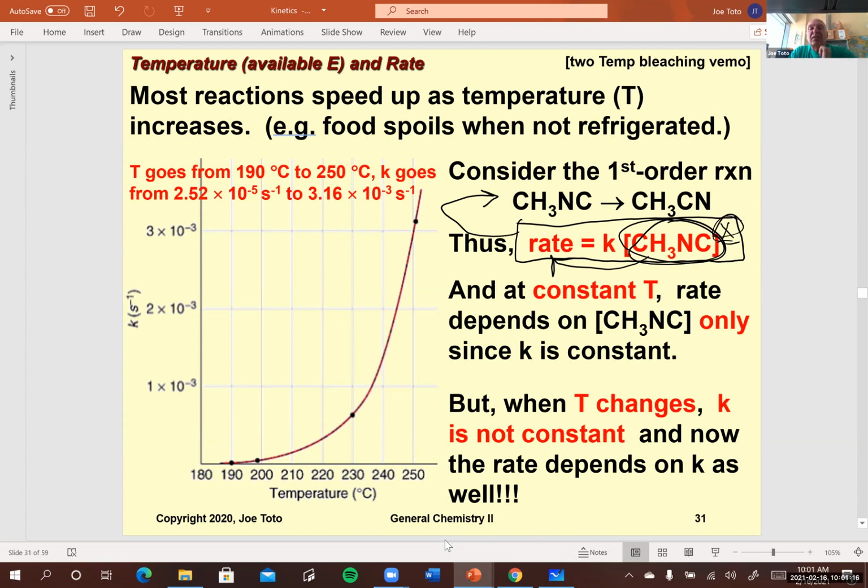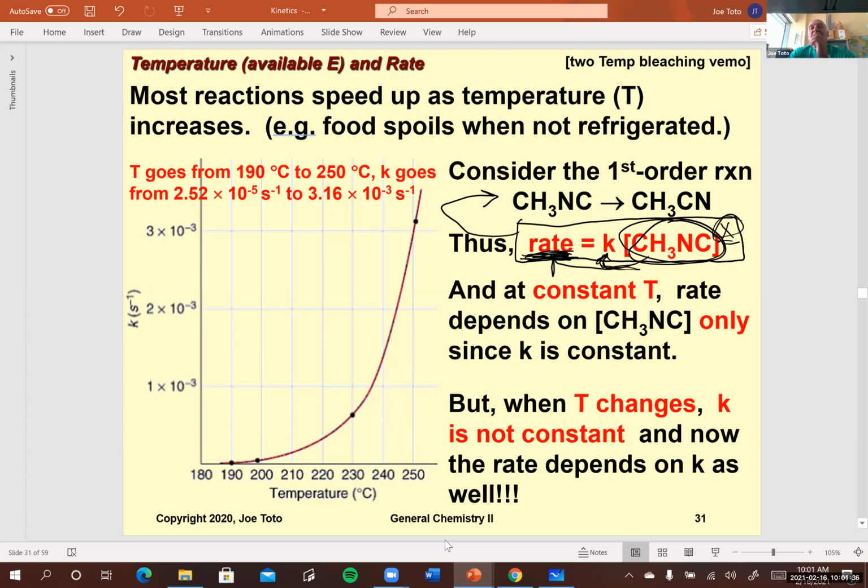But last time we mentioned that an experimental rate for a reaction also depends on this constant, which isn't constant always. The constant changes for various things. If you change any one of the condition parameters, it changes.